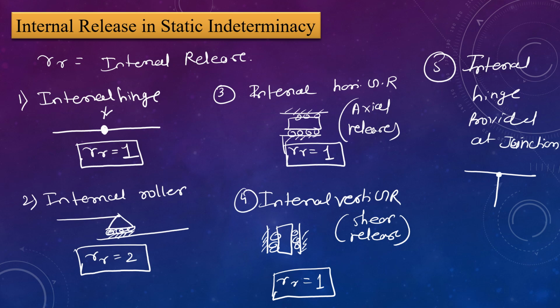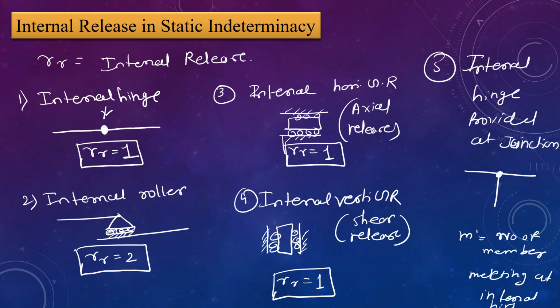So this is the junction present in the frame, and here on this junction, three members meet. M dash is equal to the number of members meeting at the internal hinge.